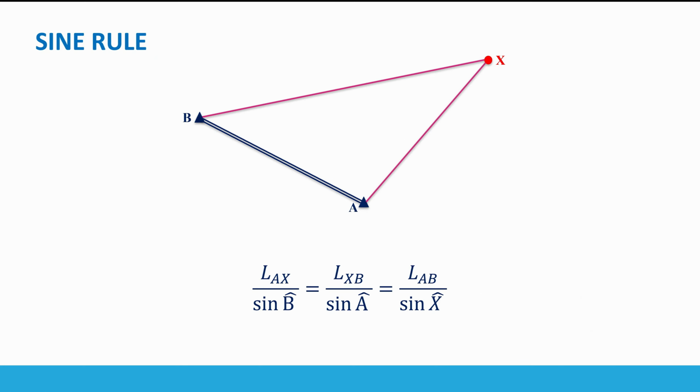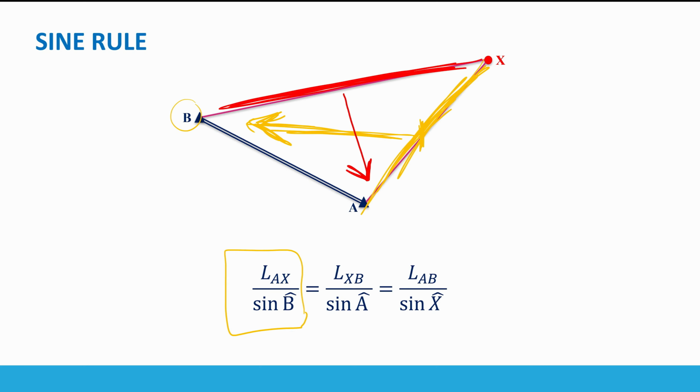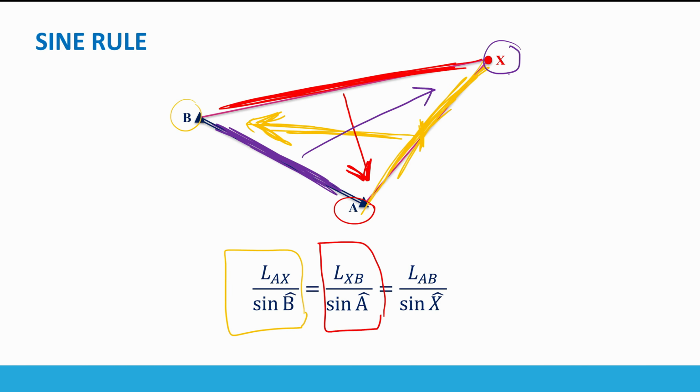If you have a triangle, the length of AX, this line, divided by sine of the opposite angle, which is called B in this case, should be equal to the length of XB, this line, divided by sine of the opposite angle, which is A. And this should be equal to the length of this line, AB, divided by sine of the opposite angle, which is X in this case.